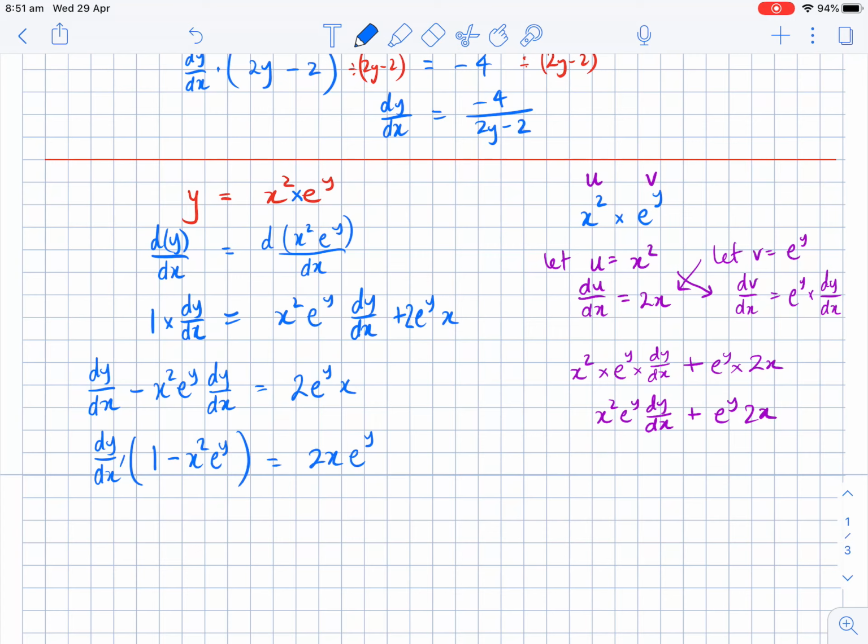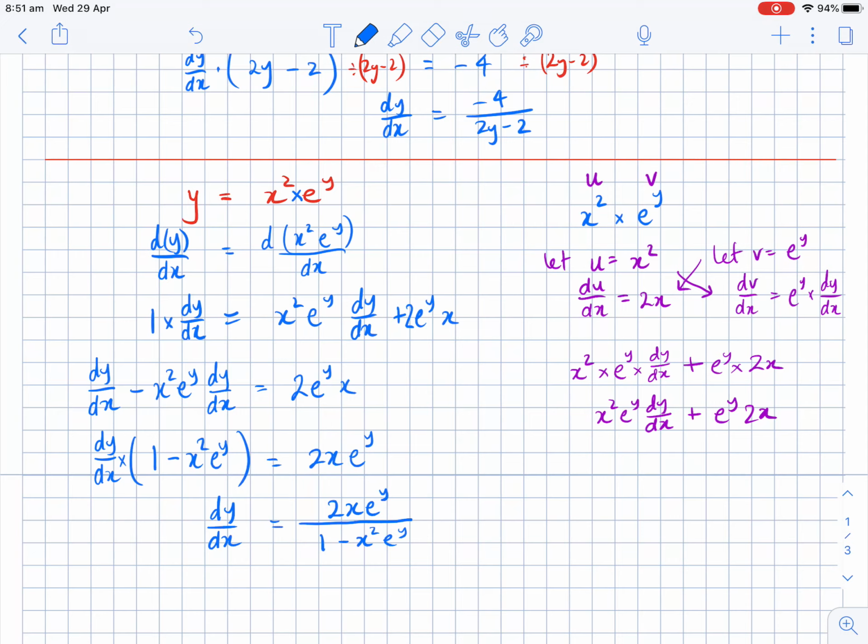Now, final step, I'm trying to find dy dx, so I have to get rid of this multiply by 1 minus x squared e to the y. So dy dx would become 2x e to the y divided by 1 minus x squared e to the y. And there's my final expression for the derivative.